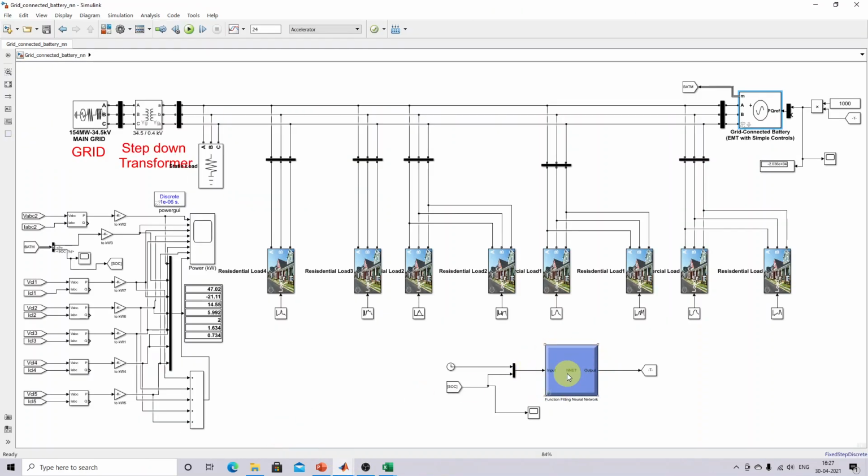Okay, so this trained neural network is going to receive two inputs: time of the day, SOC, and then the command signal for that grid connected battery. Okay, so the neural network is going to act based upon the time of the day and the SOC level.